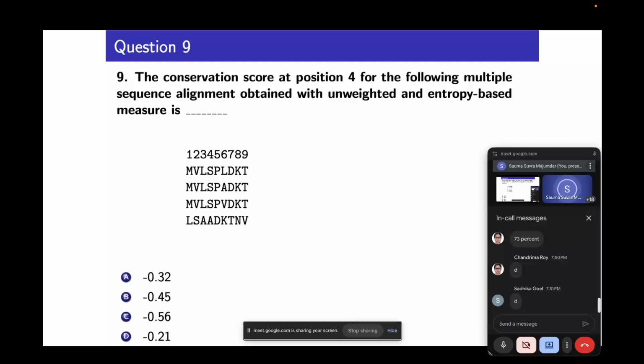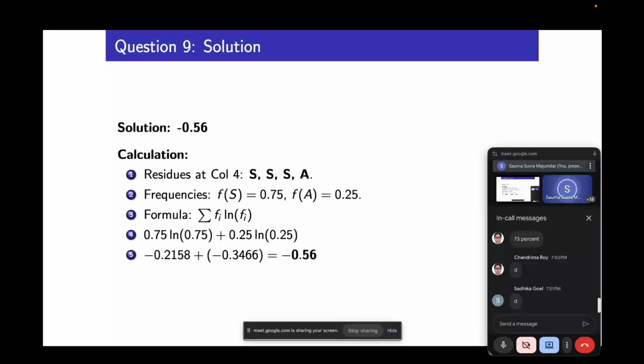Okay, let me discuss. The answer is not negative 0.21. I think you have only considered the first portion of the formula and not the second portion, which is why you are getting negative 0.21. The formula is the summation of fi log fi, where f is the frequency.